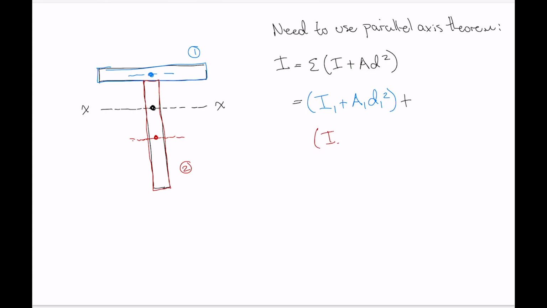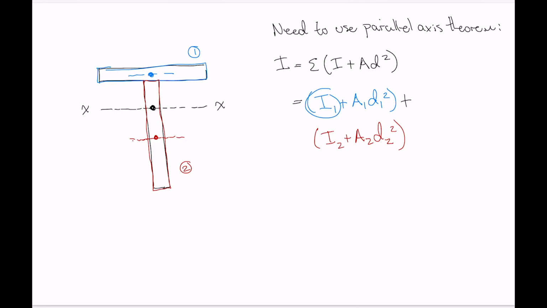So we'd say I2 plus A2 D2 squared. I1 here is just the moment of inertia of shape 1 about its horizontal centroidal axis.